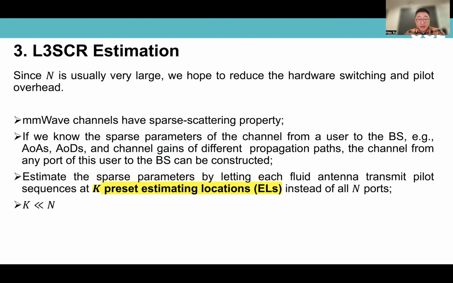So we estimate the sparse parameters by letting each fluid antenna transmit pilot sequences at K preset estimating locations instead of all N ports. Here, K is much smaller than N. By doing so, we can reduce the hardware switching and pilot overhead greatly.